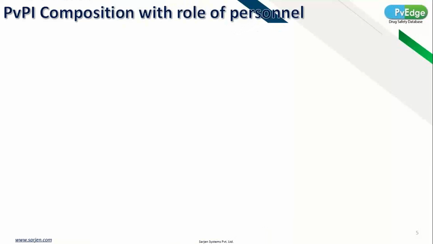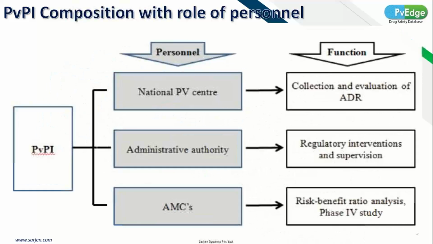Now, as far as the lead authority of data receipt is concerned, which we call PvPI, the Pharmacovigilance Program of India, there are certain roles of the personnel who are involved in the integral activities of every PV operation.